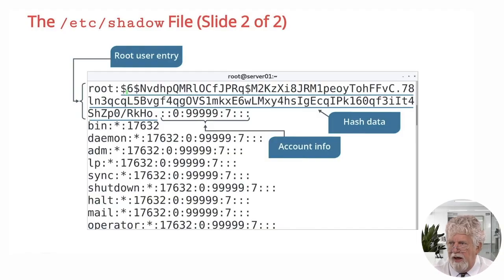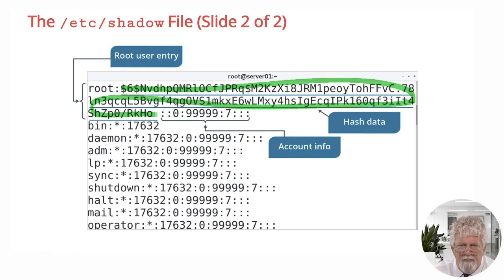It also has, as you can see, password aging information. So here's an example of the shadow file. And all of this that they've underlined in the slide, all of this is the hash of the root user's clear text password. Now, there are multiple hashing algorithms out there.